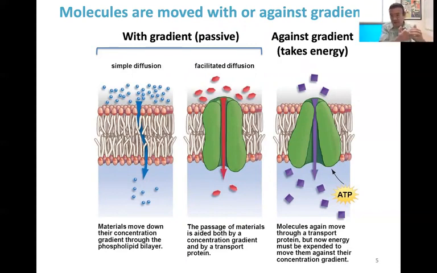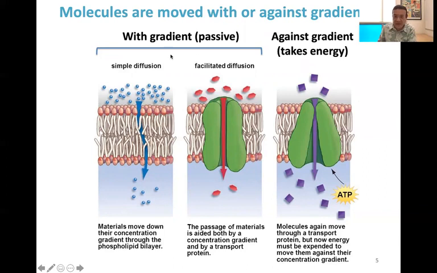Or by definition, if you go in the other direction against the gradient, you're moving molecules from low concentration to high concentration. So in this first slide here, let's look at some basic examples of this.